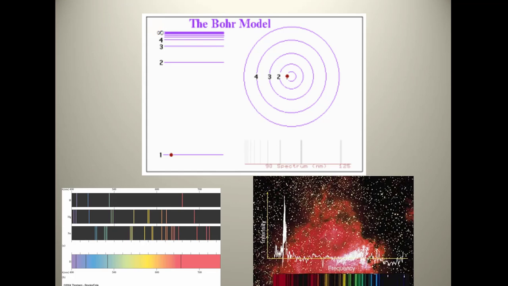When we look at the Bohr model, he said electrons are in definite energy levels, and so they are mobile. They can jump up to excited states or excited energy levels, but they don't stay there forever. They'll drop back down to lower energy levels, and when they drop back down, they emit energy in the form of light. This is how we know what elements are out in the galaxy.